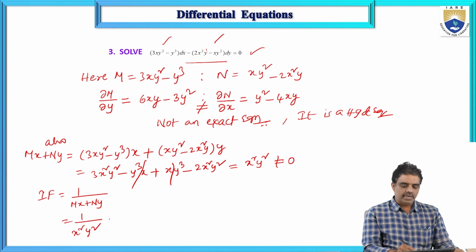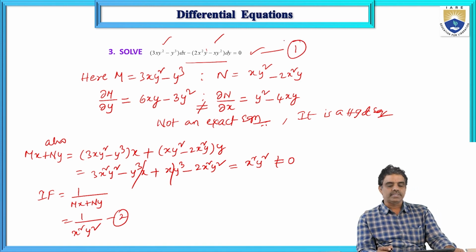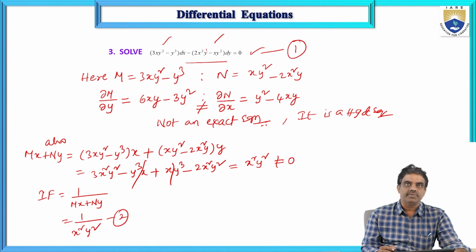After getting the integrating factor, we multiply it with equation number 1 so that equation 1 becomes an exact equation.